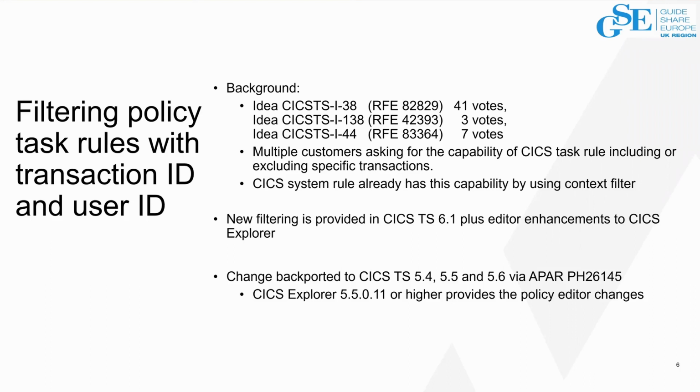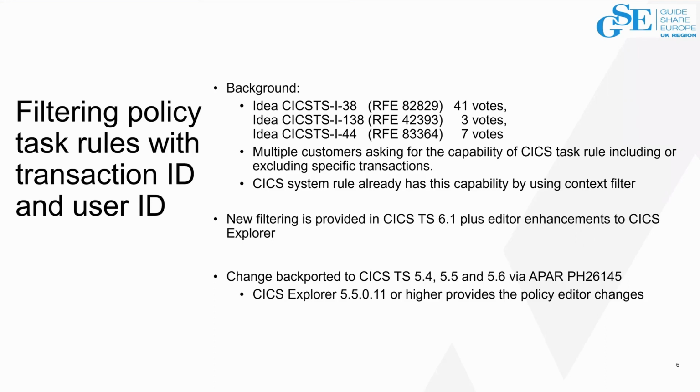And because this one was so popular in terms of requests, normally in terms of CD enhancements, i.e. backporting, we would just go back one release. But for this particular one, we've gone back all the way to 5.4. So you can see on the screen there, it's available for 5.4, 5.5 and 5.6 via that APAR, and you need CICS Explorer 5.5.0.11 or higher.